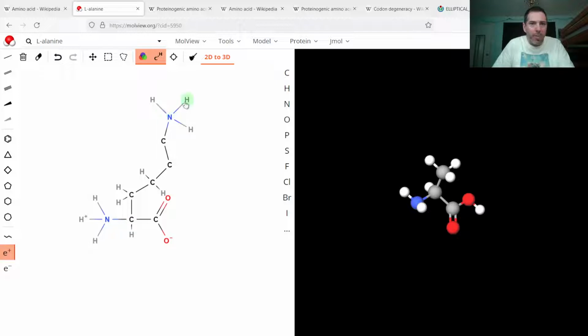I'll draw that positively charged as well. And then arginine. And I'm just drawing them kind of how they are similar to each other, but not how they would be produced in any kind of metabolic process. So again, this will be arginine here.